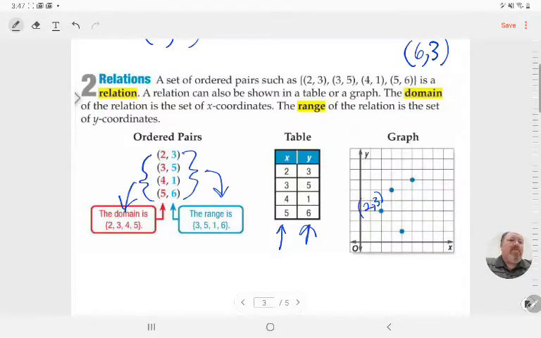Okay, and then we have (3, 5). 1, 2, 3. 1, 2, 3, 4, 5 would be here. And then we have (4, 1), which would be here. And then we have (5, 6), which would be over here. Okay, and that's ways that you could represent the same data.